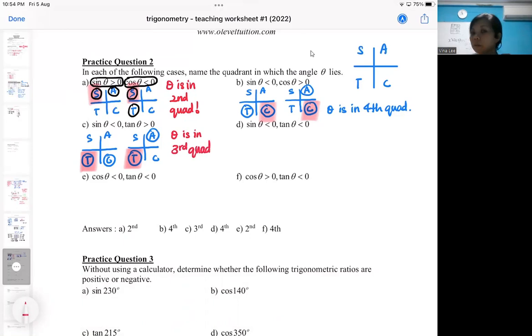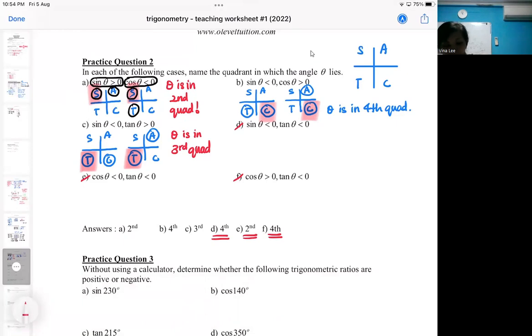So mentally, you're supposed to do your ASTC and then you decide. You can try these three and see whether you understood why they are in the fourth, second, and third quadrant.